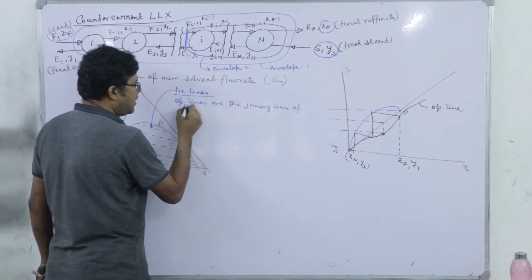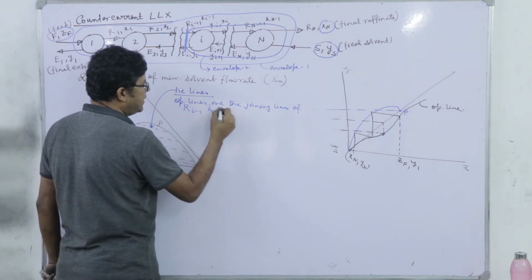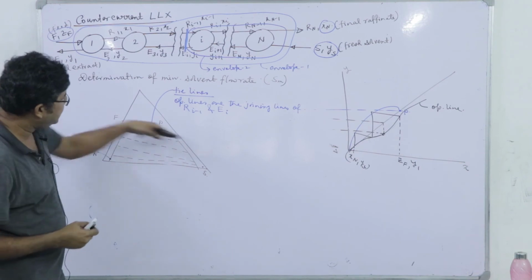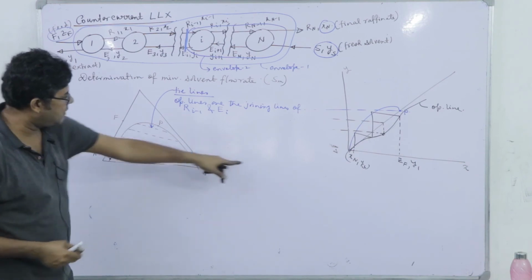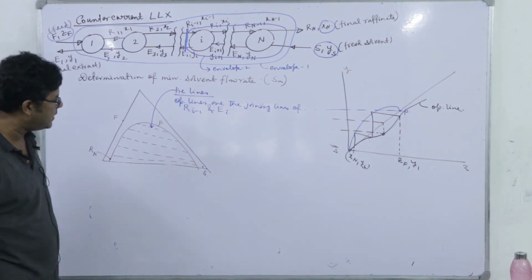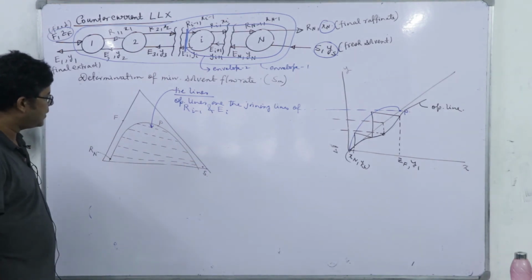We have one like this and this, and the operating lines are the joining lines of R_(i-1) and E_i. So, if these operating lines are also like this, because there will be some delta points, and if I know the solvent flow rate, we can locate the delta point and draw the operating lines.